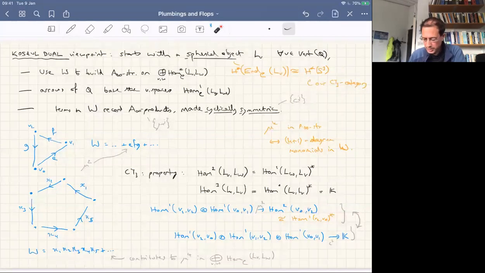But we've just said that the degree 2 morphisms from V0 to V2 are dual to the degree 1 morphisms from V2 to V0. So if I take that dual over to the other side, specifying this mu2 operation is exactly the same as specifying an operation on this cyclically ordered tensor product of degree 1 morphism spaces from V0 to V1, V1 to V2, and then V2 to V0.